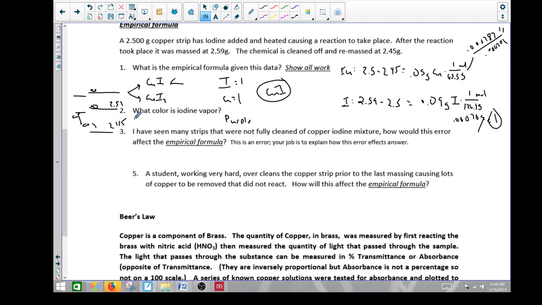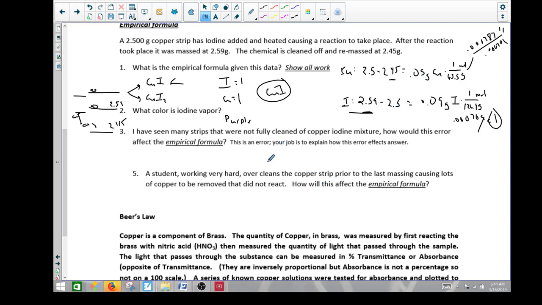So the second weighing will affect the iodine right here, and the third weighing would affect the copper right there. None of the weighings we're doing, I think, are going to affect the starting one, unless the air has something to do with that. So when I look at an error here, I'm looking to see what actual numbers it affected.